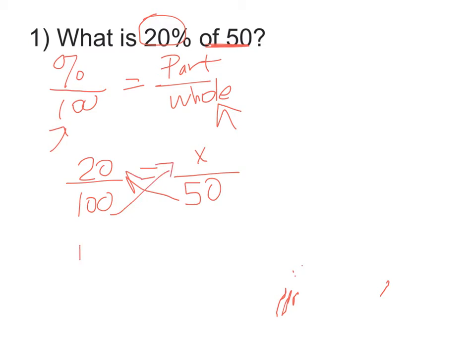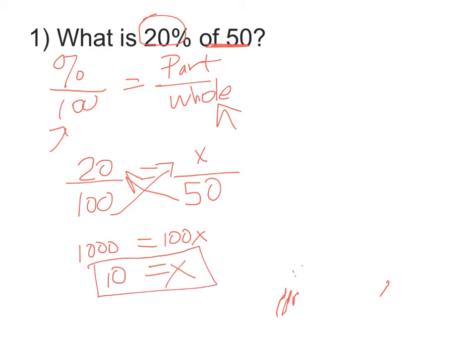So we have 20 times 50 equals 100x, and x is equal to 10. So 10 is 20% of 50.